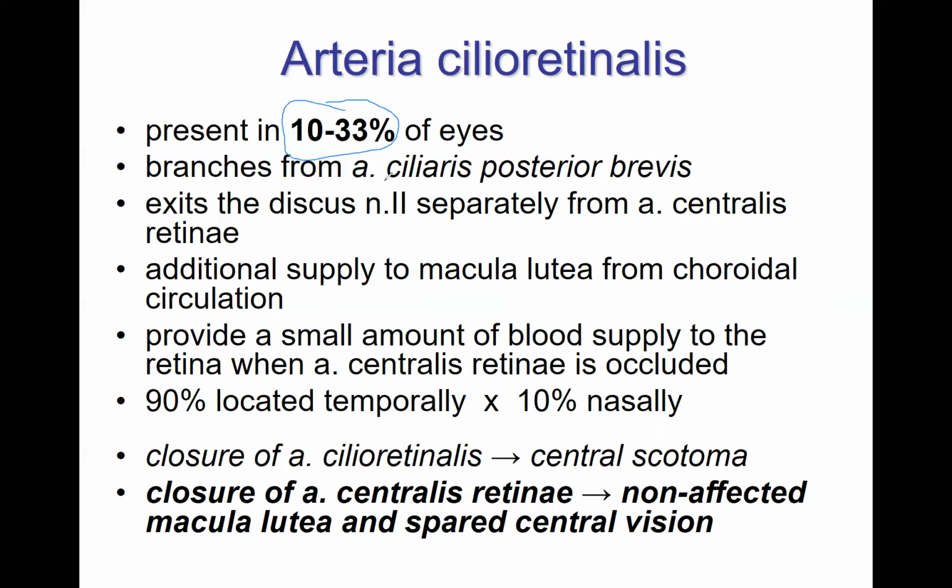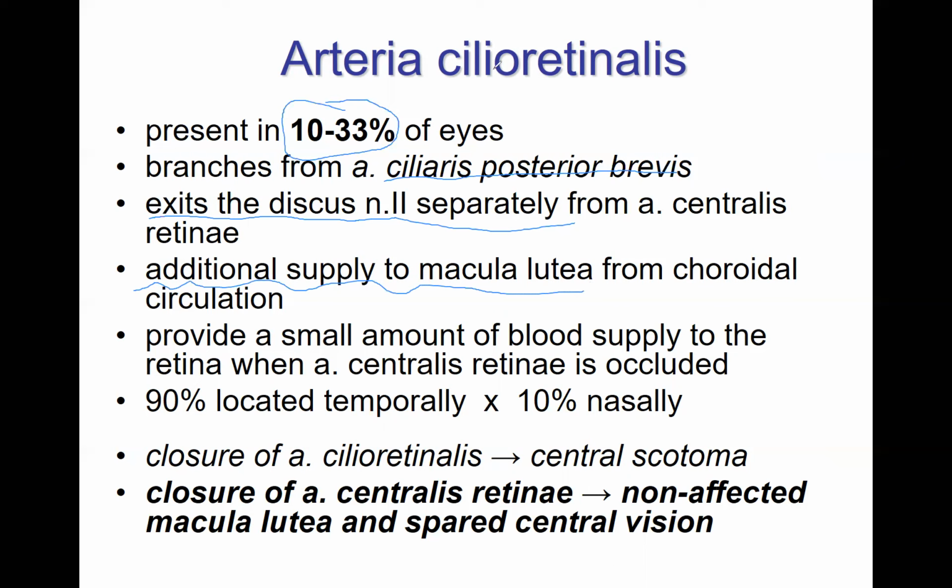Cilioretinal means it's a branch from posterior short ciliary artery, but it does not supply rods and cones, but it supplies the majority of the retina. So it supplies the same area as the central retinal artery, but it enters separately from it. Yeah? So you can find it separately from the central retinal artery. So it's an additional blood supply to macula.